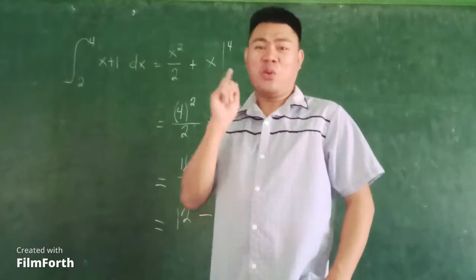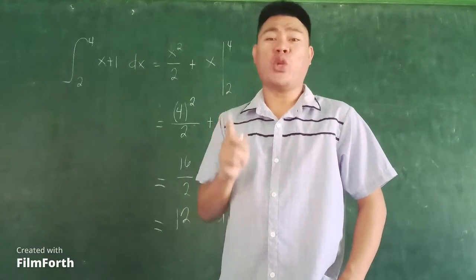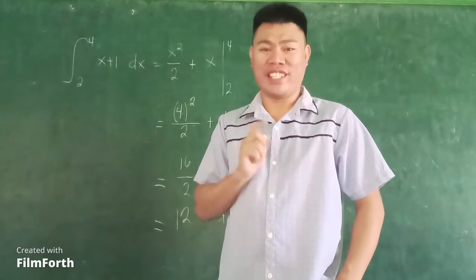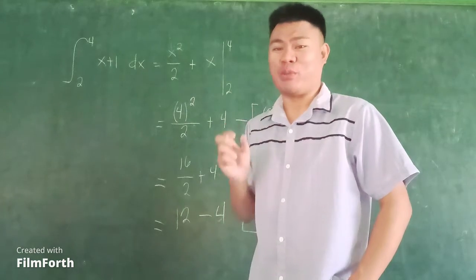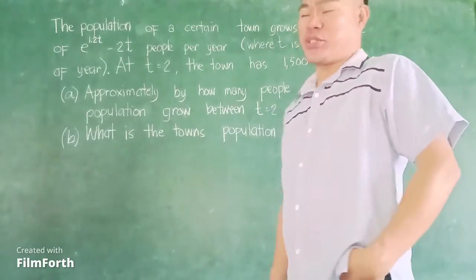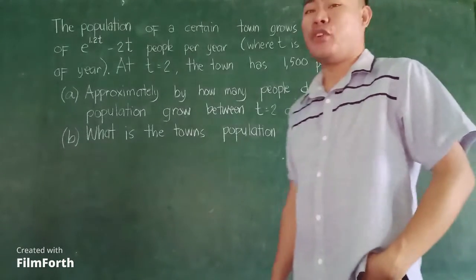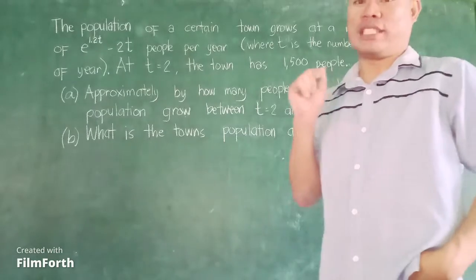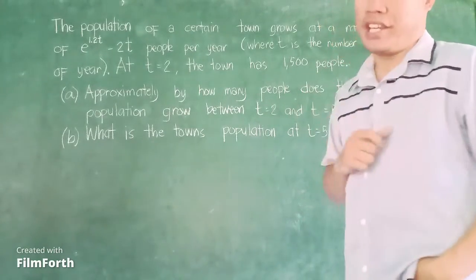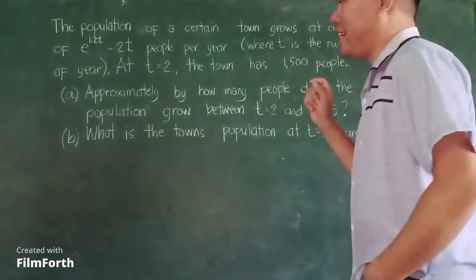Okay. Now, we are going to use this concept in solving word problems involving definite integrals. So consider this situation or problem. The population of a certain town grows at a rate of e raised to 1.2t minus 2t people per year, where t is the number of years.